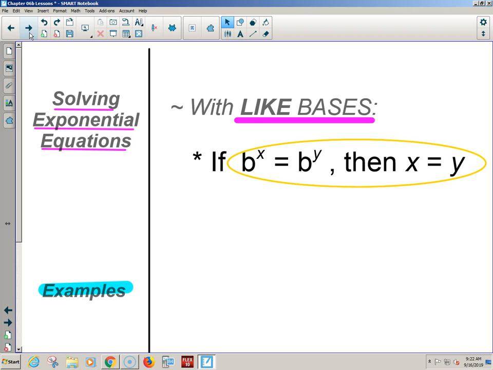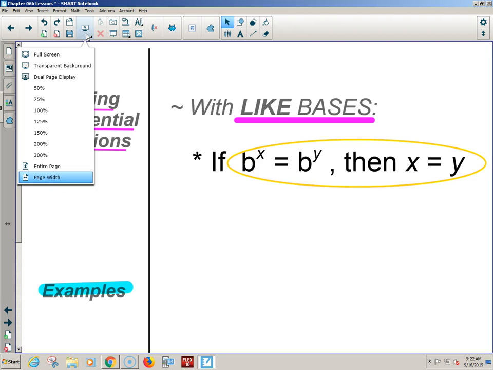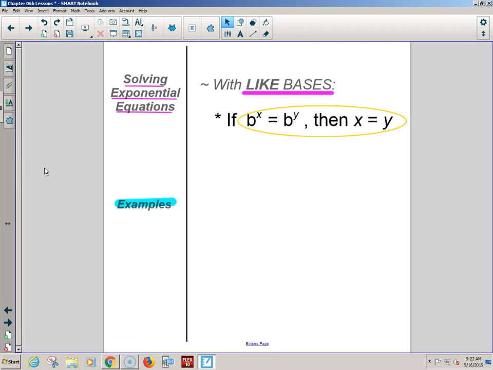We love ignoring stuff, right? We love ignoring difficult things. It's not always safe, it's not always good, but in this case it is. With like bases, ignore the bases.